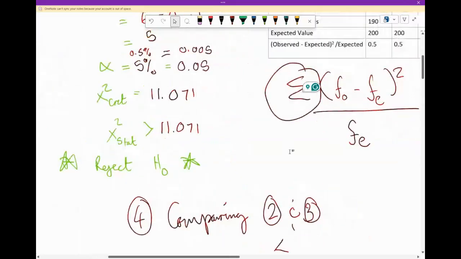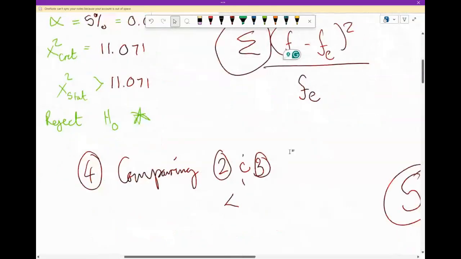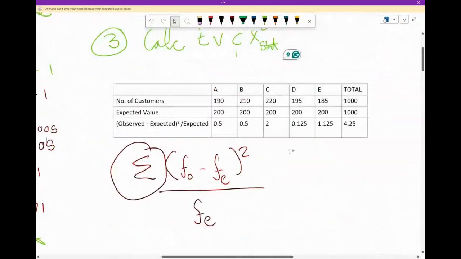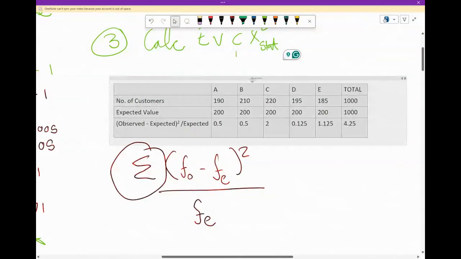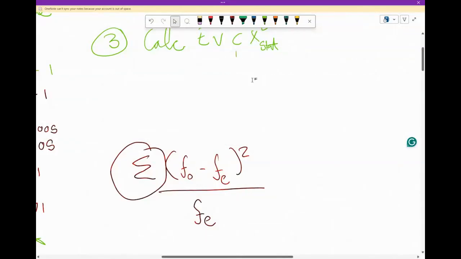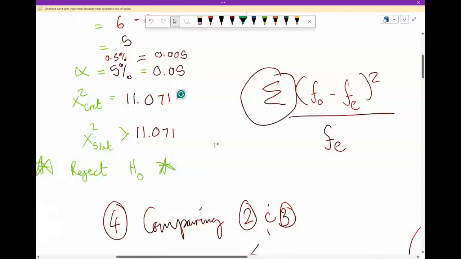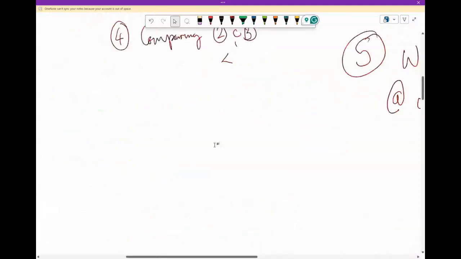Okay. So step number 4 again is to compare. Let me get rid of this table here, and bring this table that I had down here. Zoom out maybe.